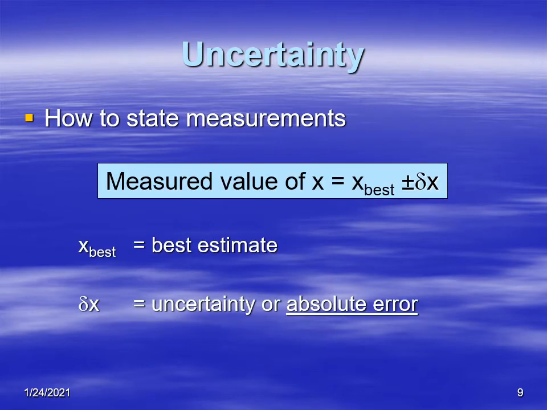So whenever we state a measurement, we have to give our best estimate, in other words, the measured value that we actually took. And then also we have to provide some uncertainty, and that's usually plus or minus some value. That uncertainty is also known as the absolute error.